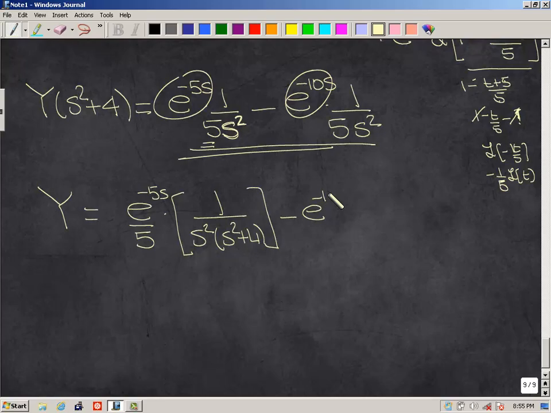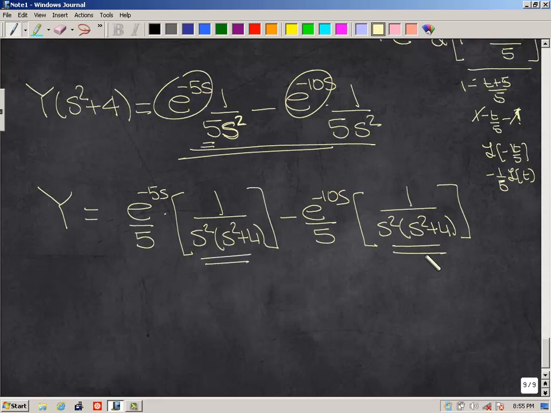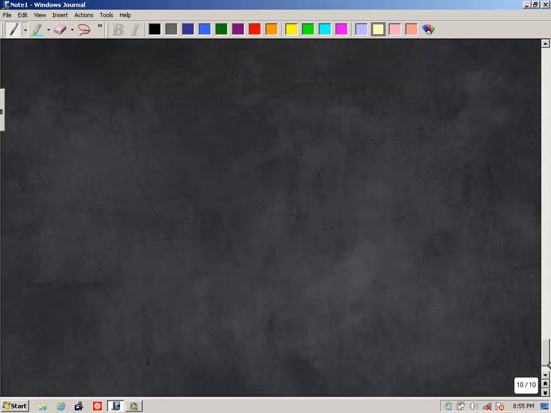Minus e to the negative 10s over 5 times 1 over s squared times s squared plus 4. Now you might think this is a lot of work, but technically these two are exactly the same. So I need to do partial fraction decomposition just once. Is that okay? So that's all I need to do.